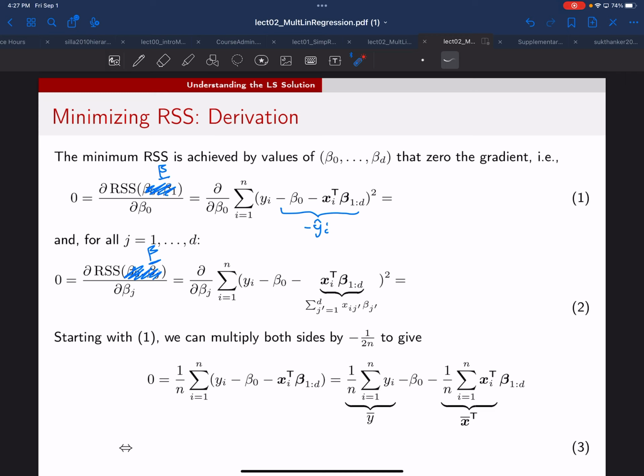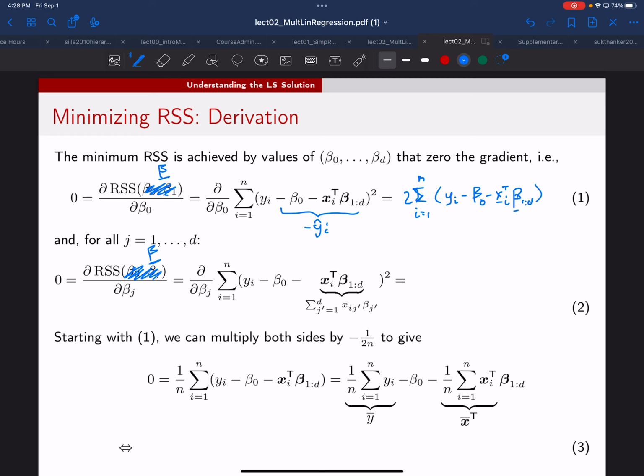So we're going to get 2 times the sum from i = 1 to n of this quantity in the parentheses, y_i minus beta 0 minus x bar_i transpose times the beta vector 1 through d.